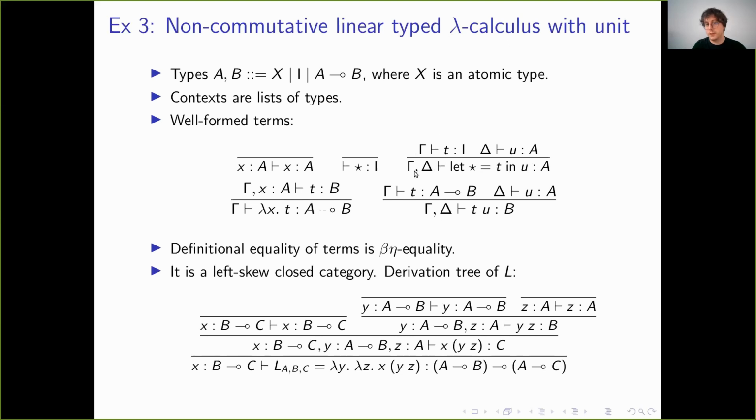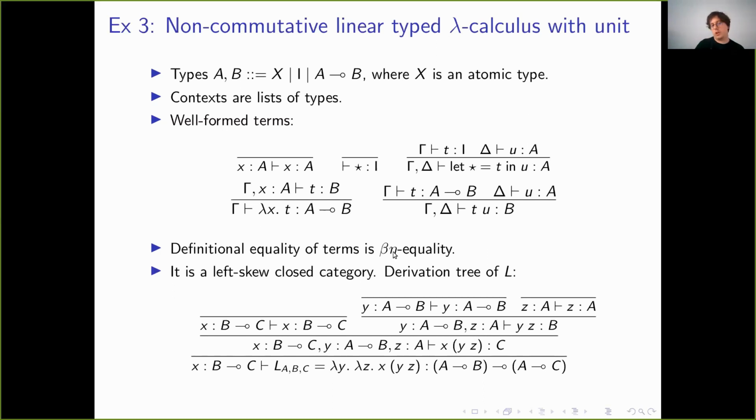So we have T of type I and U of type A, but the context of T must come from the leftmost position, from the left side of the context here. So gamma cannot appear in any position of the context, which is usually what you have in the usual non-commutative linear type lambda calculus. But in here, this is more restrictive.